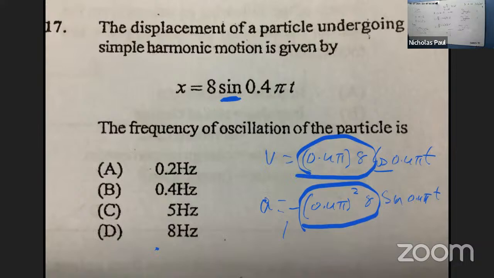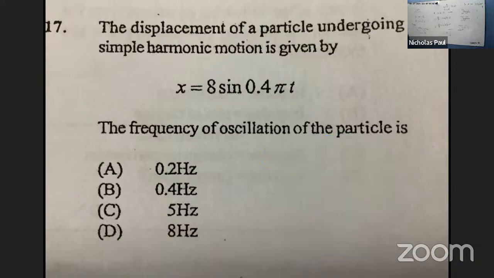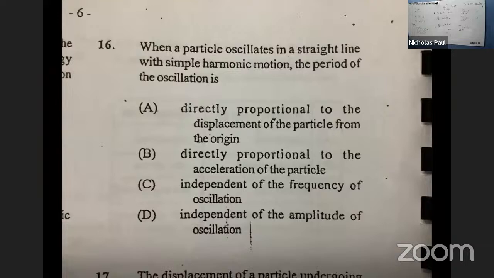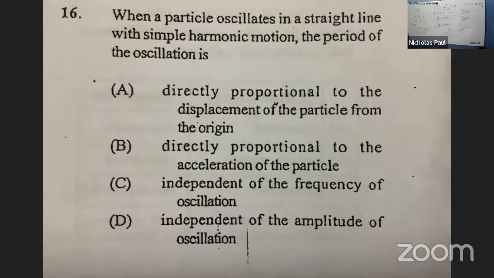Okay. All right, so that's to show you how to use the differential, right? I think I have one more multiple choice. It's some kind of easy. What's this here? What is this here?